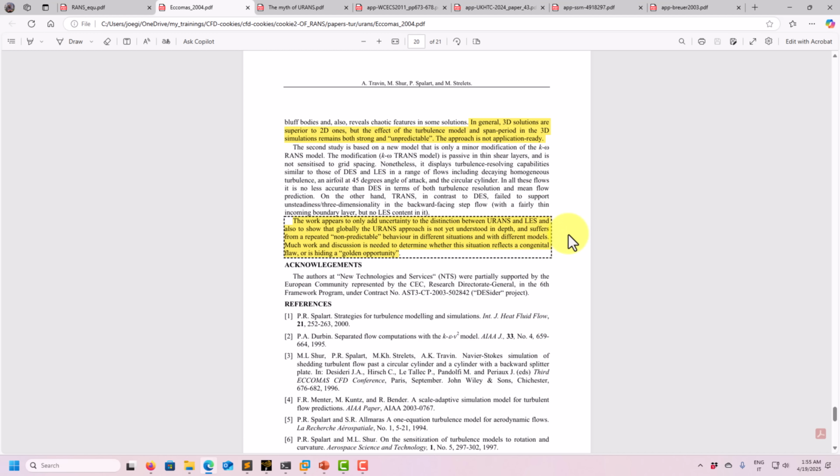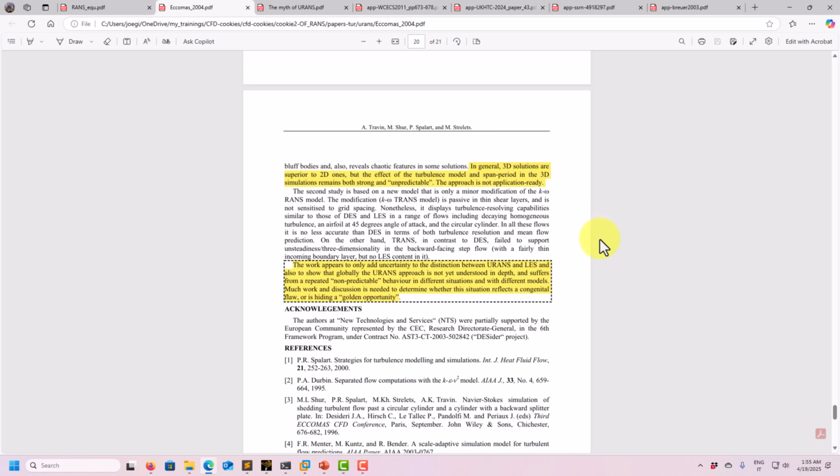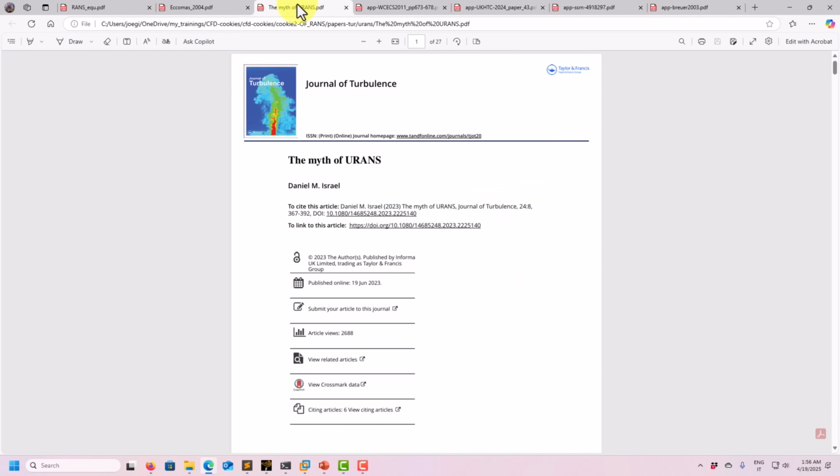And you can confirm this, okay? You run that, I have confirmed that, talking about the span-wise behavior and so on. So there is a lot to do when it comes to RANS, to URANS, to precisely see what is happening there. Okay, moving to this, the myths of URANS, very nice.